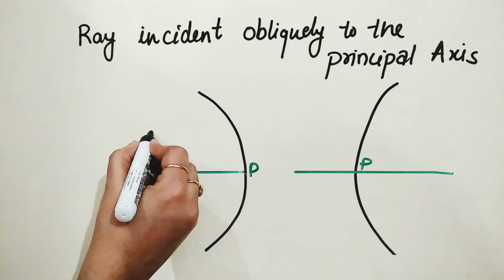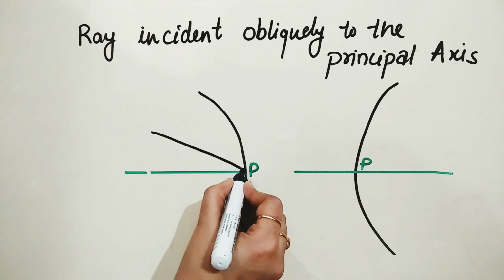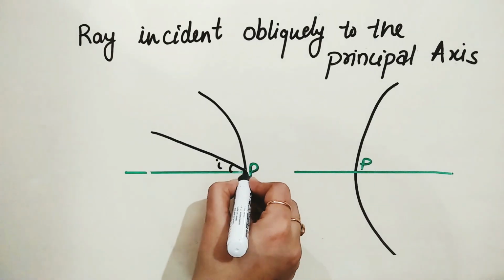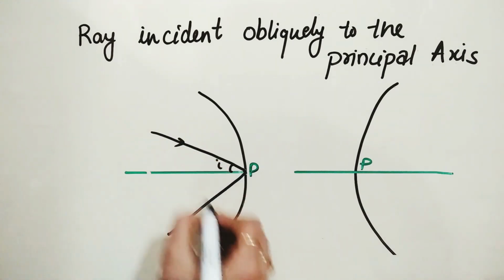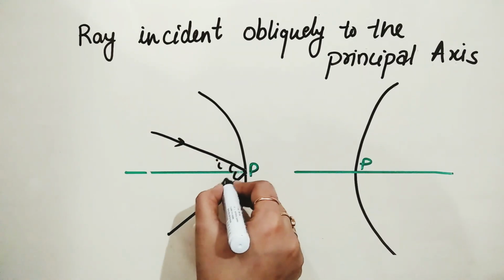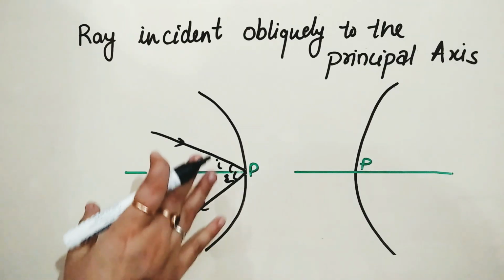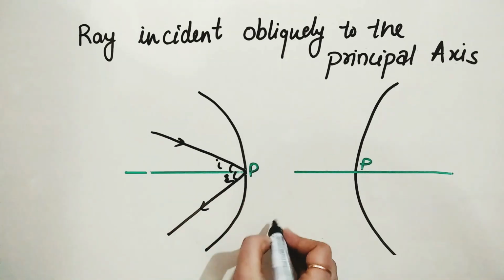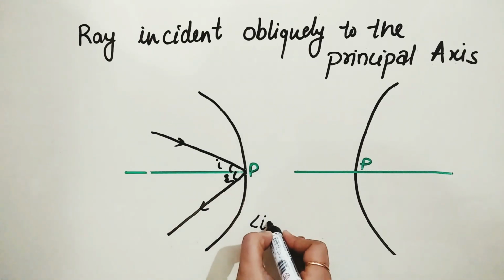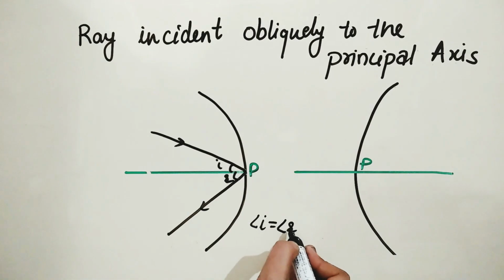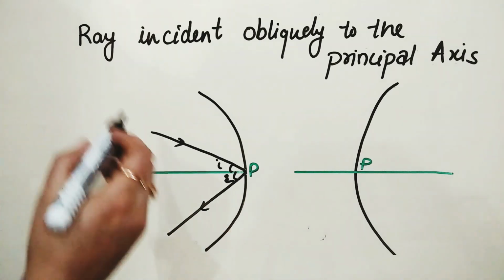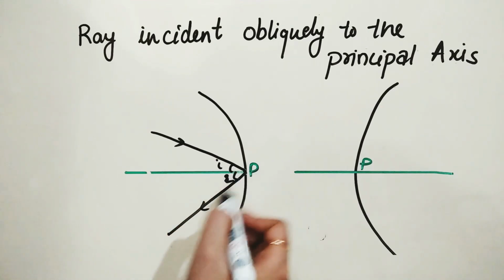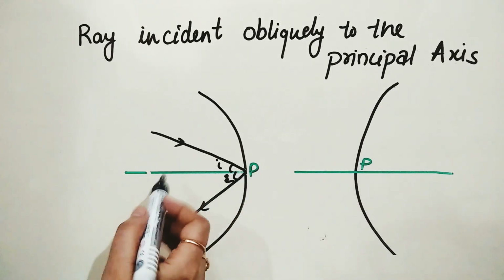Obliquely means it is making angle I with the principal axis, then obviously it will reflect in this direction while making angle R. Actually we have used this rule already in the previous three rules, that is, whenever there is an angle of incidence I, then reflection takes place with the angle R. So similarly here, when a ray is incident obliquely to the principal axis, it reflects by making angle R in this direction.